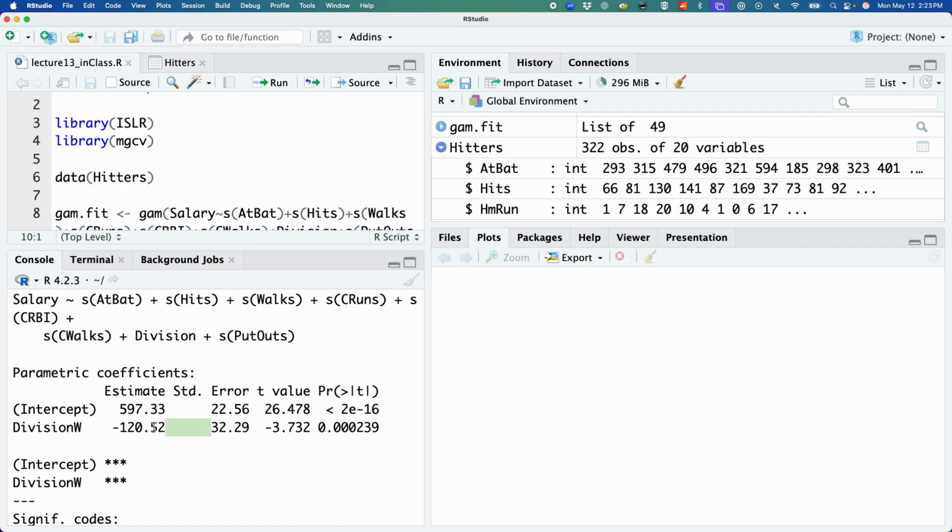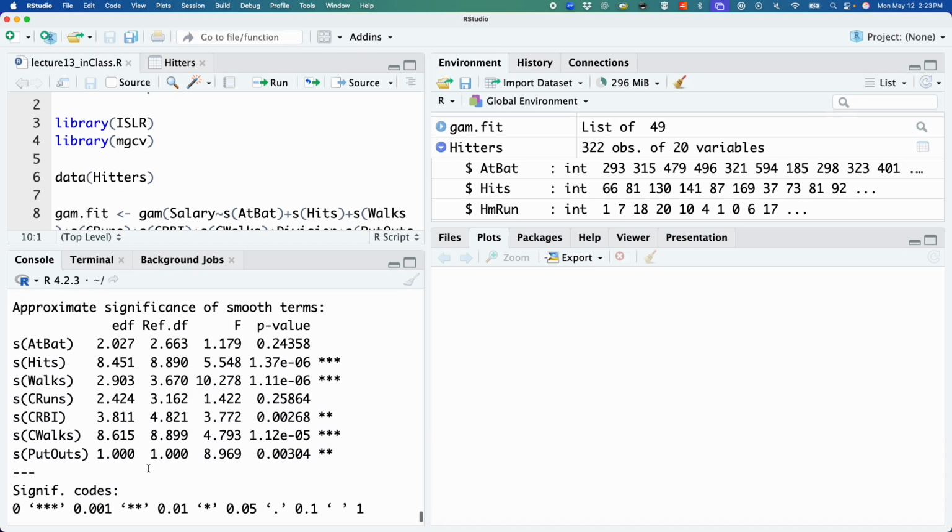So this is basically saying if you're in the Western Division, on average, you make $120,000 less per year, I think. It's in thousands of dollars. And we interpret this in exactly the same way that we do with our regular linear variables.